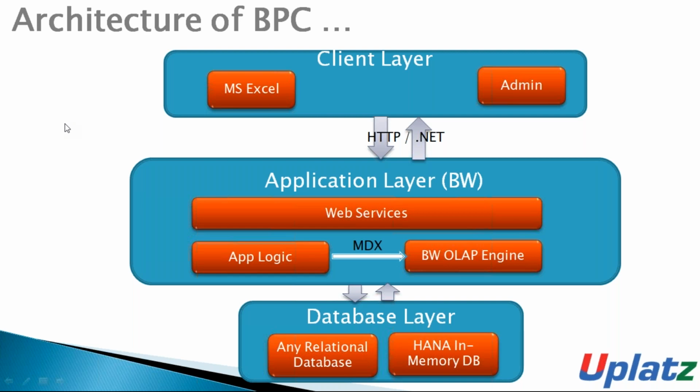One is from your original source system, which can be your SAP, the native source system for BW. We can load the OLTP data, which is day-to-day online transaction processing data, into this BW layer, and from BW we need to load the data into BPC. Then only we can do all this reporting and everything.